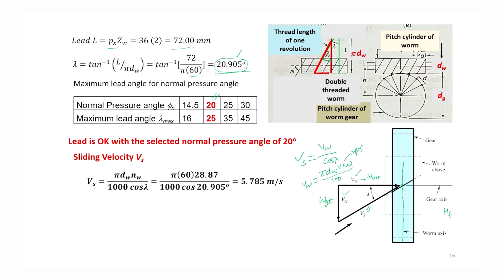By using these two formulas, Vs is obtained as 5.785 meter per second, and Vw is 5.404.